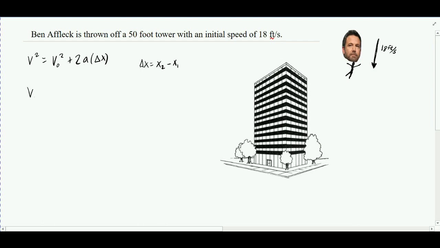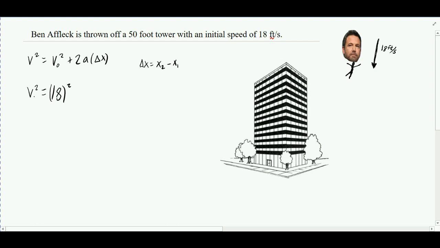So the velocity squared. What's the initial velocity? Well, Ben Affleck started at 18 feet per second, so that's going to be 18 squared. What is the acceleration?